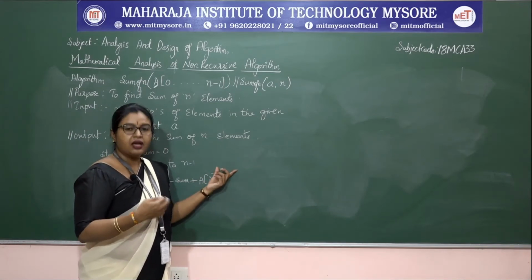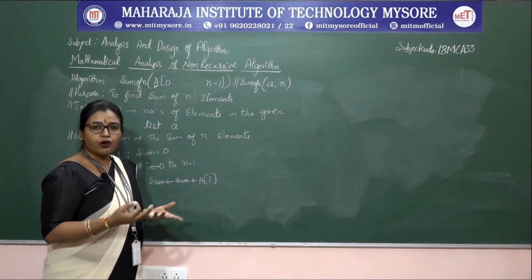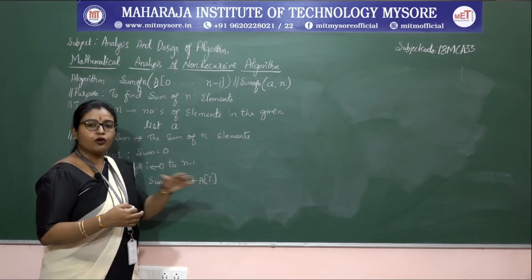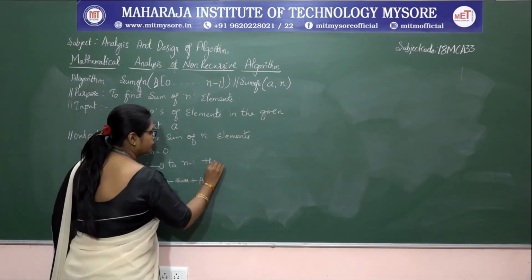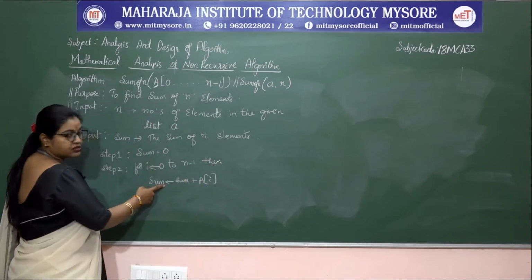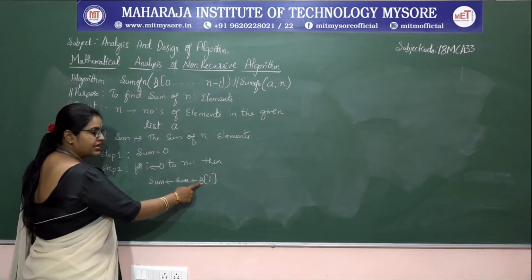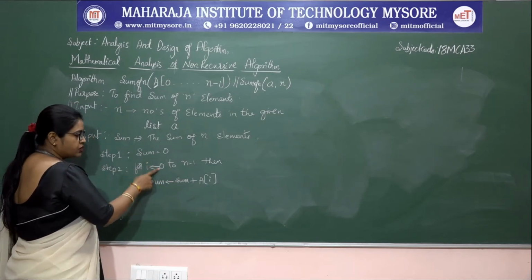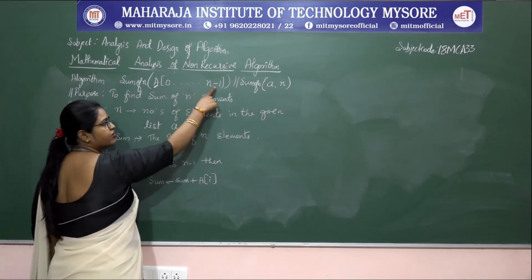Otherwise, it is understood that by default the incremental value of I for each iteration is 1. Then we need to repeat this step: sum is equal to sum plus A of I. This step should be repeated from 0 to n minus 1 for the given values of n.